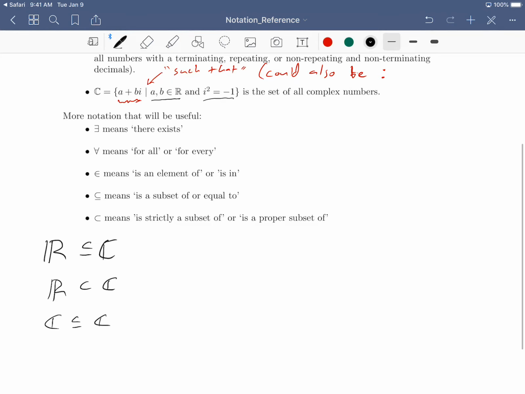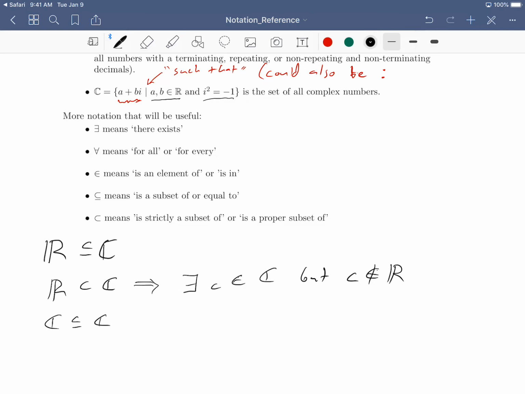When I write that R is strictly a subset of C, one thing that I'm saying is there exists a number, I'll call it little c, that's an element of big C, but little c is not an element of R. So when I say R is strictly a subset of C, it means there's more in C than there is in R. And this little sentence is a way to say that.